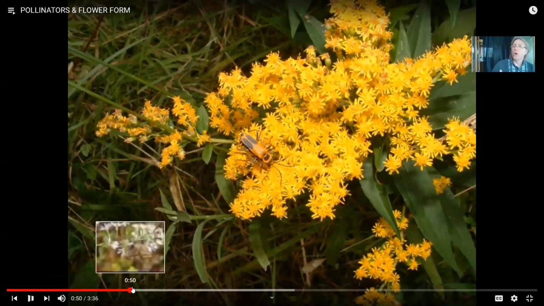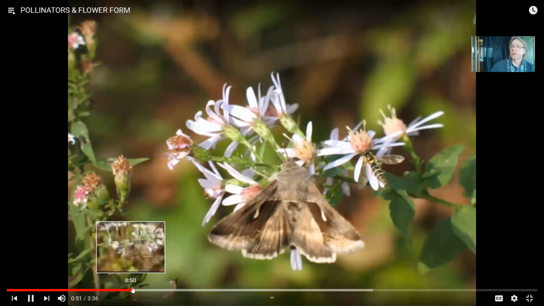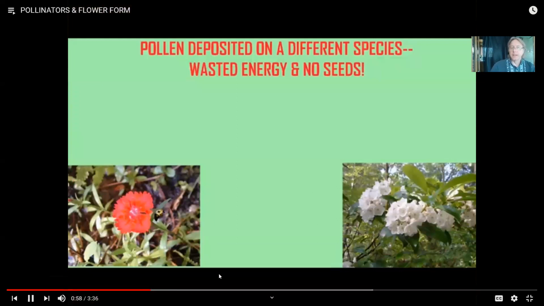All right, so here you can see a beetle in, once again, a rather open flower. But then there are flowers which want to be choosier, where they want a specific pollinator to visit them. So for example, if a pollinator were to go from this flower to this flower, the sperm and the pollen grains from this flower are deposited on this flower, and thus that's wasted energy, because obviously this pollen is not going to fertilize this flower or vice versa.